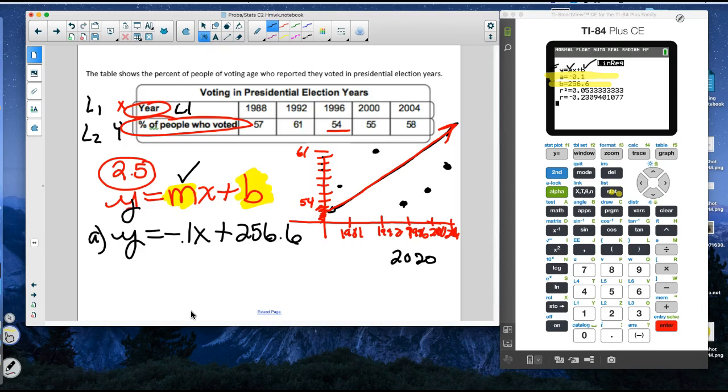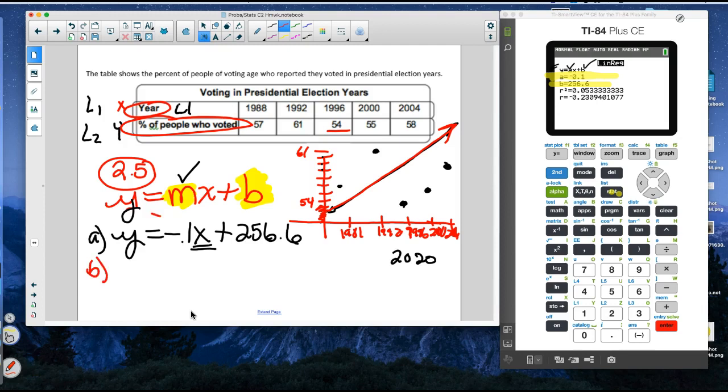Now you might want to change this to percent of people who voted is negative 0.1 times the years, plus 256.6. It really doesn't matter. Honestly, I'd probably just leave it with what you're used to, y equals mx plus b, but understand that your y's are the percent of people who voted and your x's are the years. All right, so that's my equation.